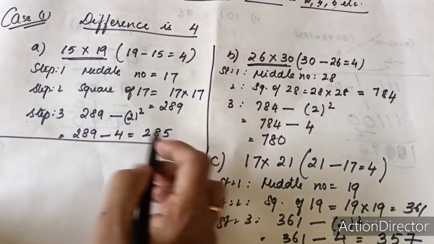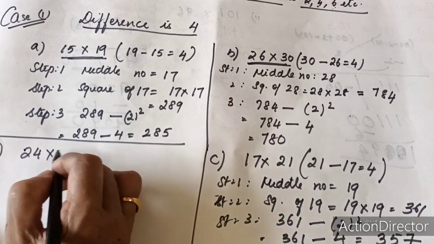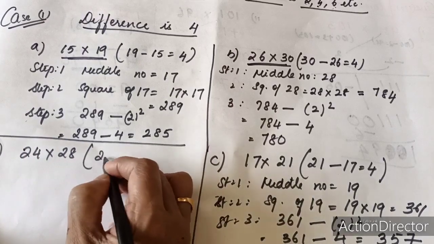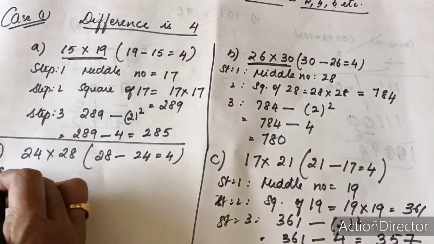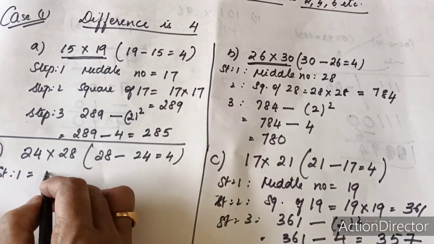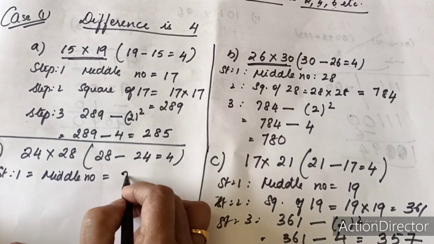So the last sum, 24 multiplied by 28. 28 minus 24 is equal to 4. So step 1 will be equal to find the middle number. Middle number is equal to 26.